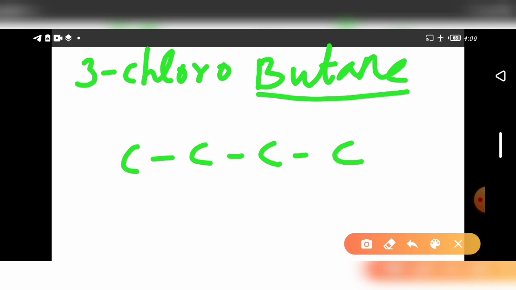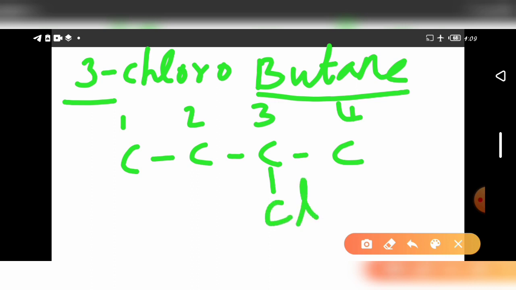Okay, next see here, 3 will be presented, that is the third carbon. Whether it is from left to right or right to left, you can draw anywhere. So here, this one is the first carbon, this one is the second carbon, this one is the third carbon, and this one is the fourth carbon. The third carbon contains chloro, so you put Cl here.